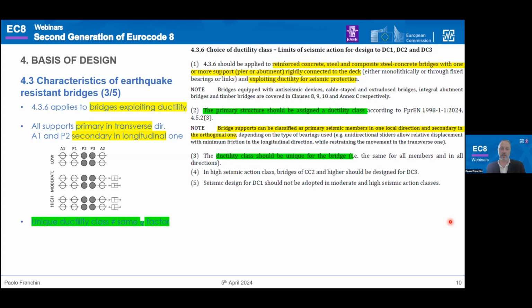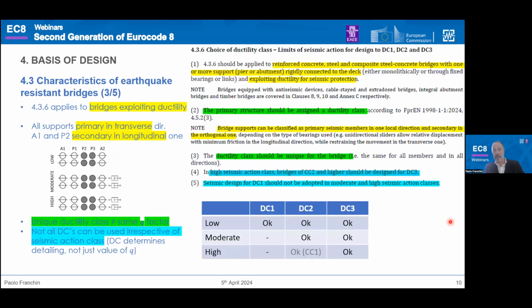I want to underline here, before we talk about the Q factor, the structural behavior factor, that assigning a unique ductility class is not the same as saying that the Q factor should be unique.